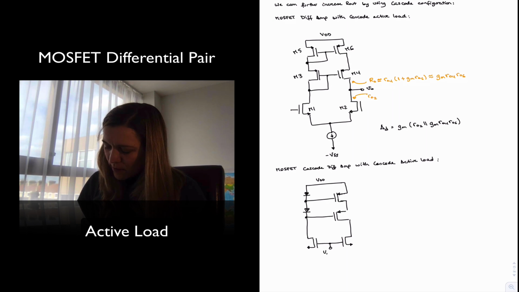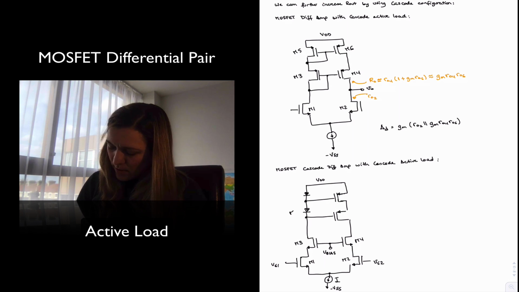They will require some kind of bias voltage to make sure that they are turned on. And finally, minus VSS. This is my current I, VG1, VG2. And so this will be M1, M2, M3, M4, M5, M6, M7, and M8.